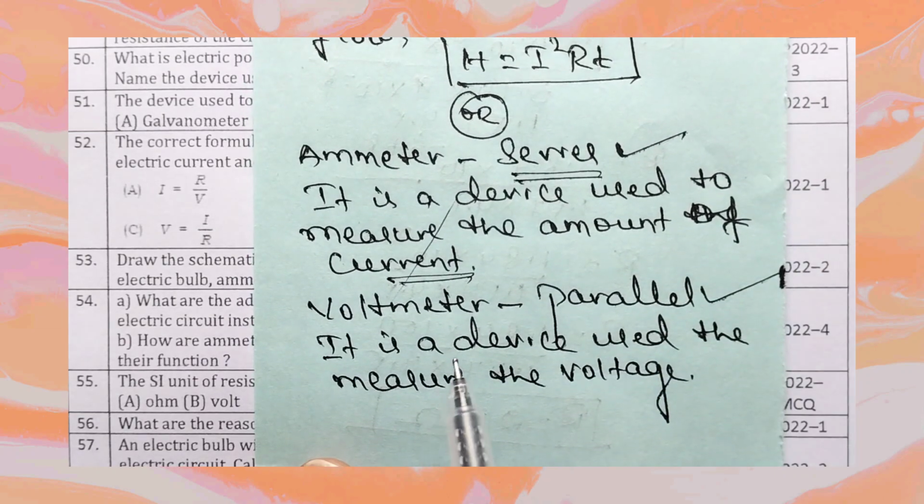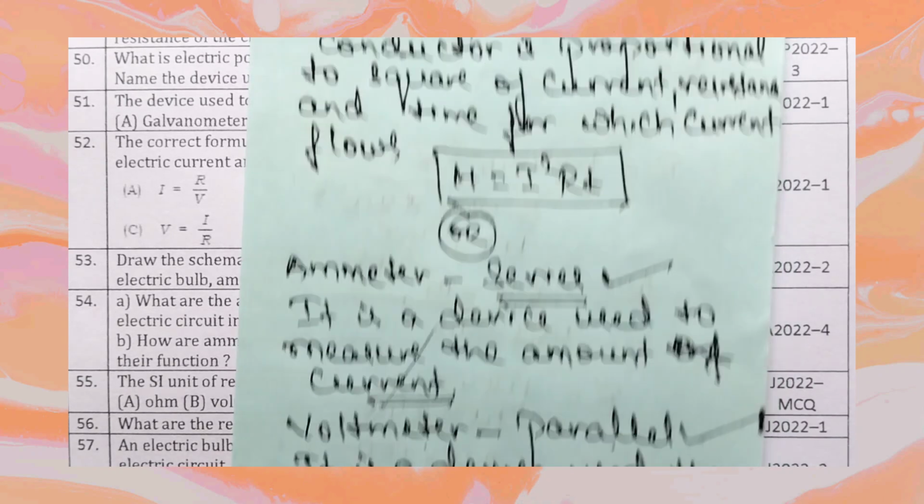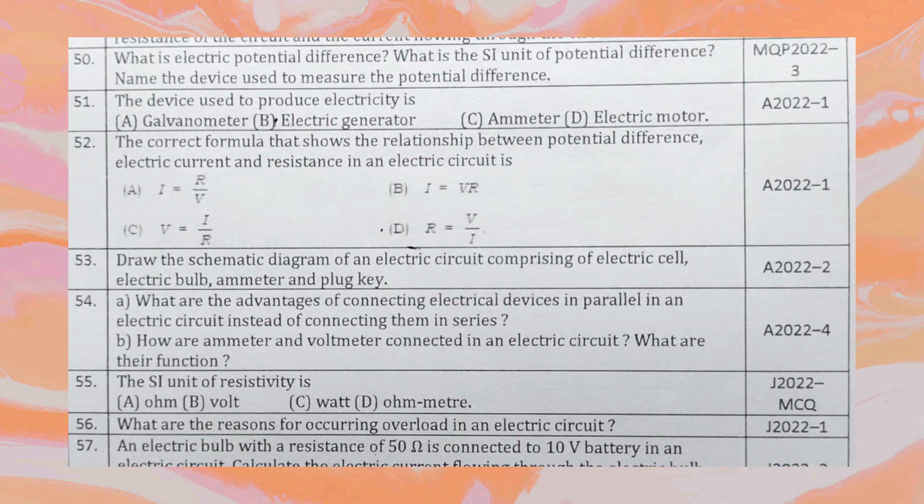Then voltmeter is always connected in parallel. The function of voltmeter is it is a device used to measure the voltage. So this is the answer for the 54th question.